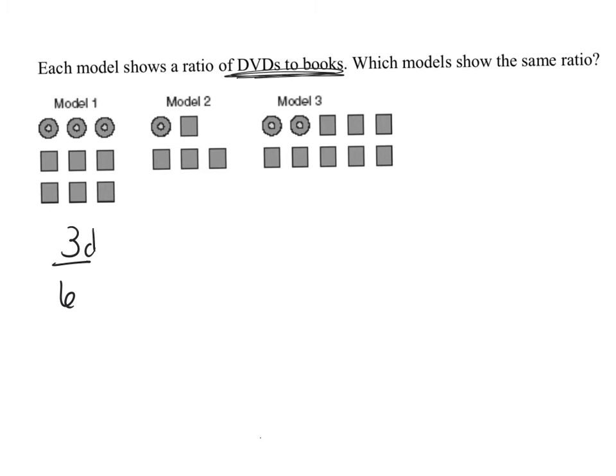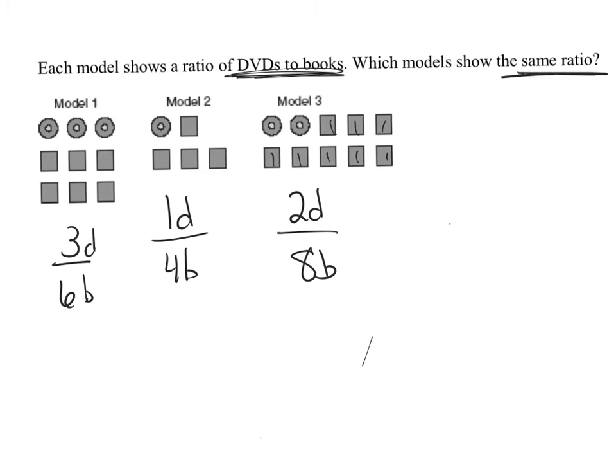So DVDs, books. The next one, we have 1 DVD to 4 books. Notice I'm putting labels because it helps us stay organized. 2 DVDs, and we have 1, 2, 3, 4, 5, 6, 7, 8 books. And they want to know which ratios are the same, which means equivalent.